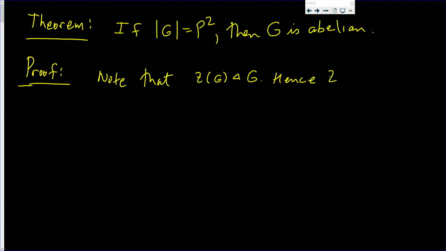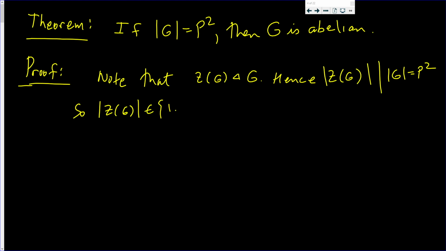Hence, by Lagrange's theorem, the order of the center of G must divide the order of G, which is p squared. So the order of Z(G), the center of G, is in the set {1, p squared}, these being the only factors of p squared.